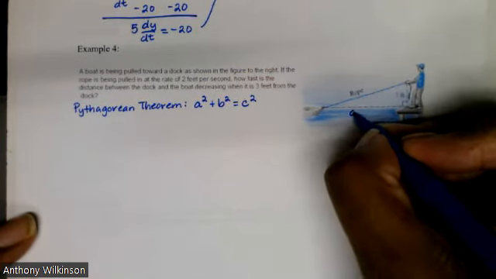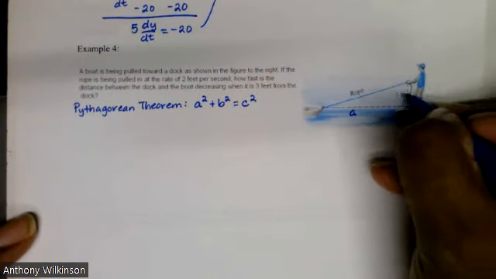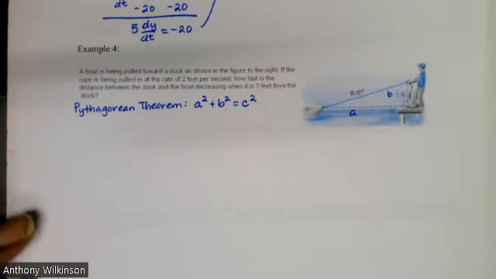So this could be A, and this could be B, which is your 5 feet. Now we're trying to find out how fast is the distance between the dock and the boat when it is 3 feet from the dock.